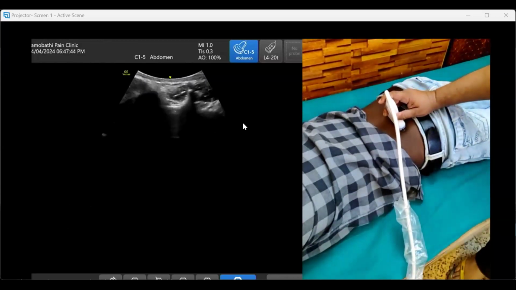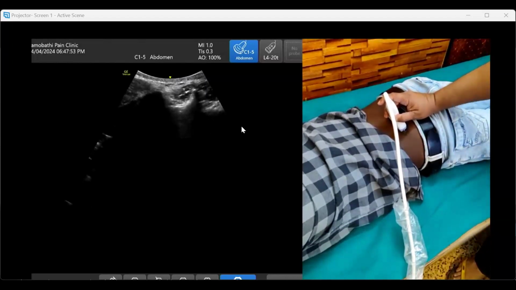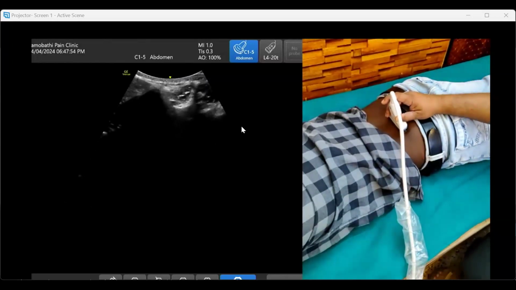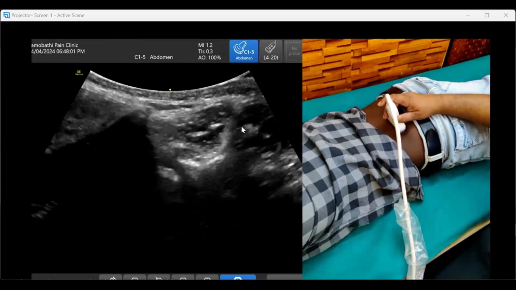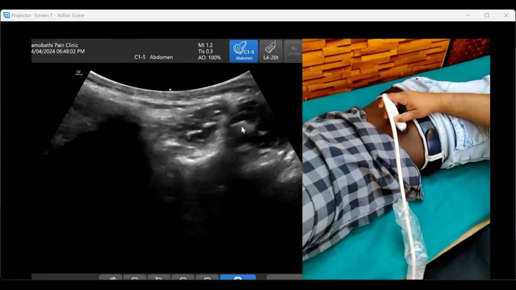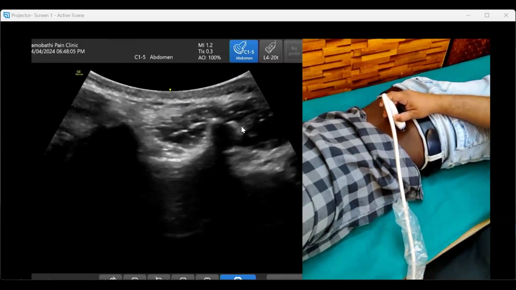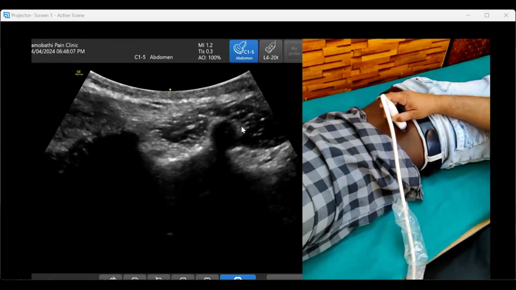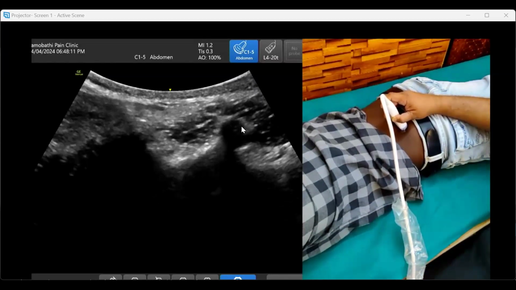Okay, so here at this point, you can see the spine. That is very important. I'm just decreasing the depth. At this point, we are able to see the portion of the sacrum and the portion of the iliac close to the posterior superior iliac spine.